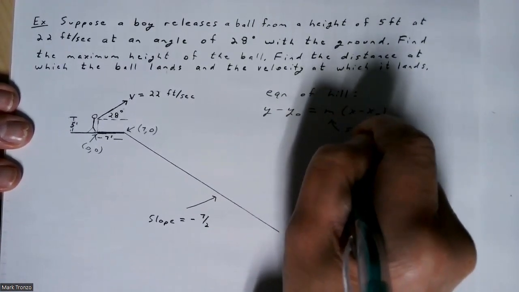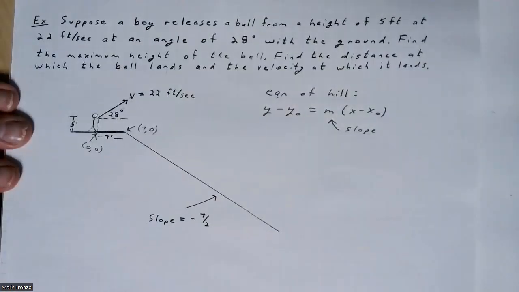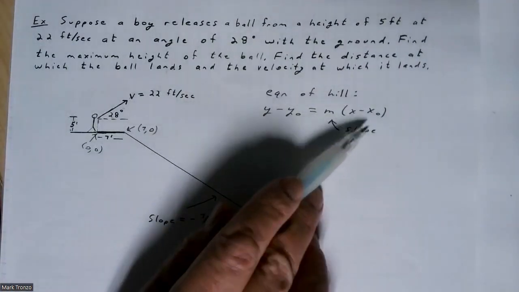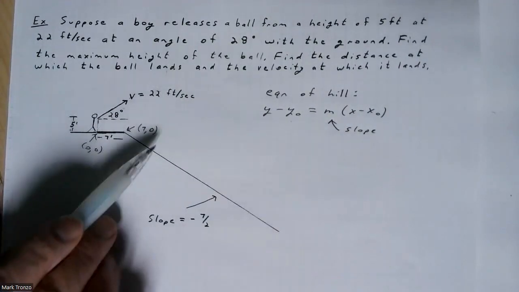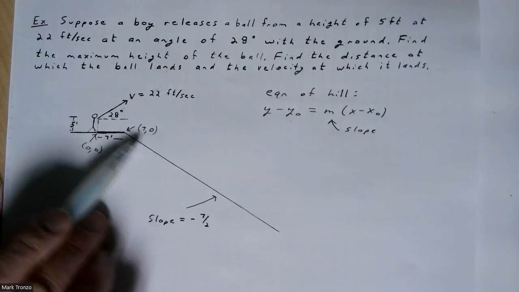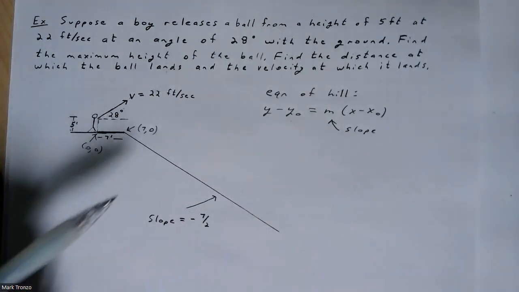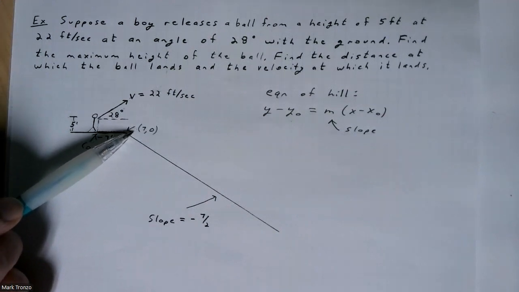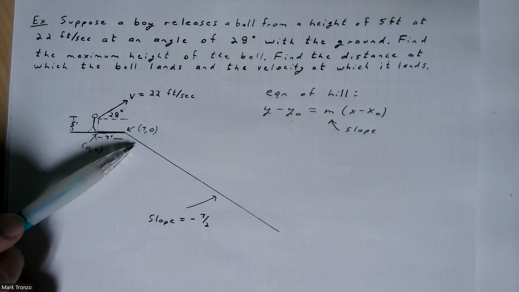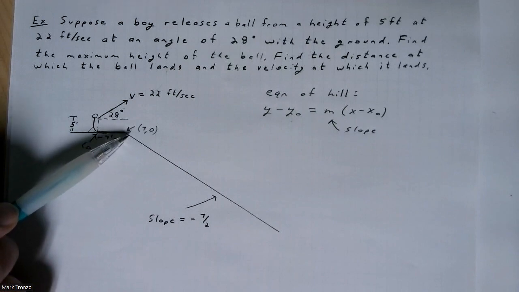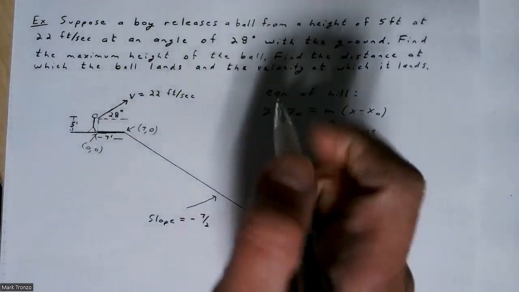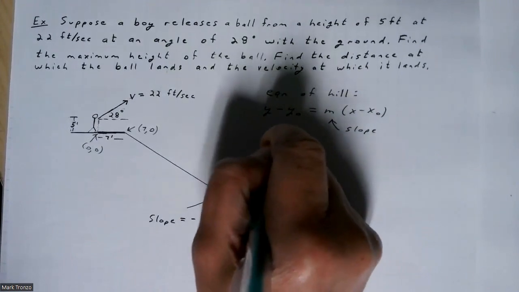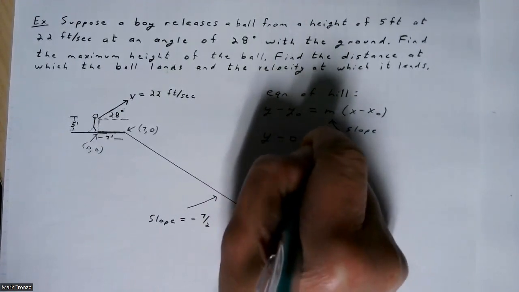Again, remember m is the slope. And this x naught, y naught could be any point along this slope. And so we have a point we know along this slope, this point right here, 7, 0. So we can plug this into our equation: 7 in the x, 0 in the y.